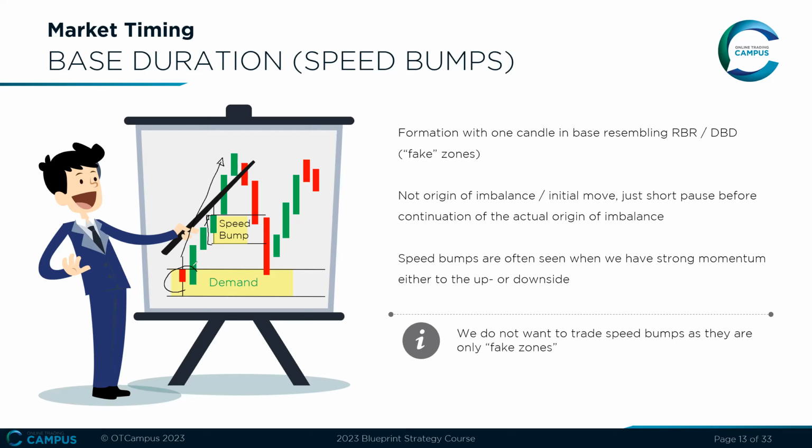The origin is still down there. So just because we get some wicks that may fake us into or trick us into seeing this as an indecisive candle and into demand, it's not the origin. Okay, the origin is most likely lower if it has the same color and if the body is relatively large compared to the wicks.